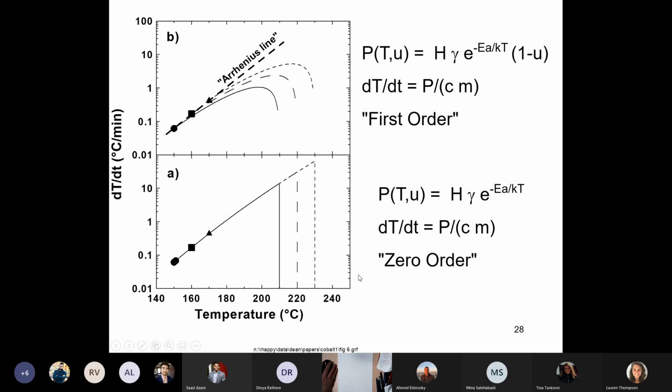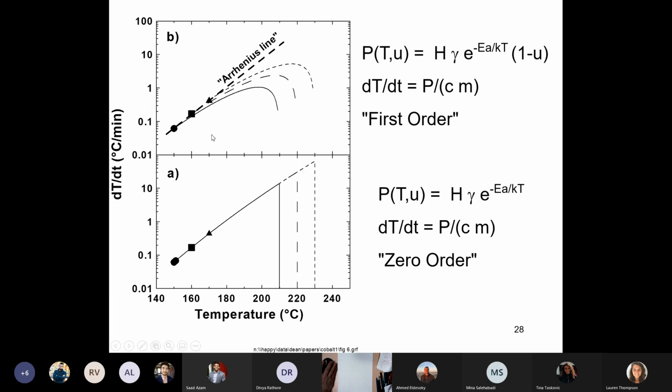Some people like to think of reactions with zero order kinetics, which means you don't worry about the reactants running out, and you just have H times the frequency factor times the Boltzmann's factor. There is no 1 minus U term. And then if you start at 150, 160, or 170, you follow this curve, and then when the reactants are gone, you drop off the map. And you still keep track of how many reactants are around, and when they're gone, the heating stops.